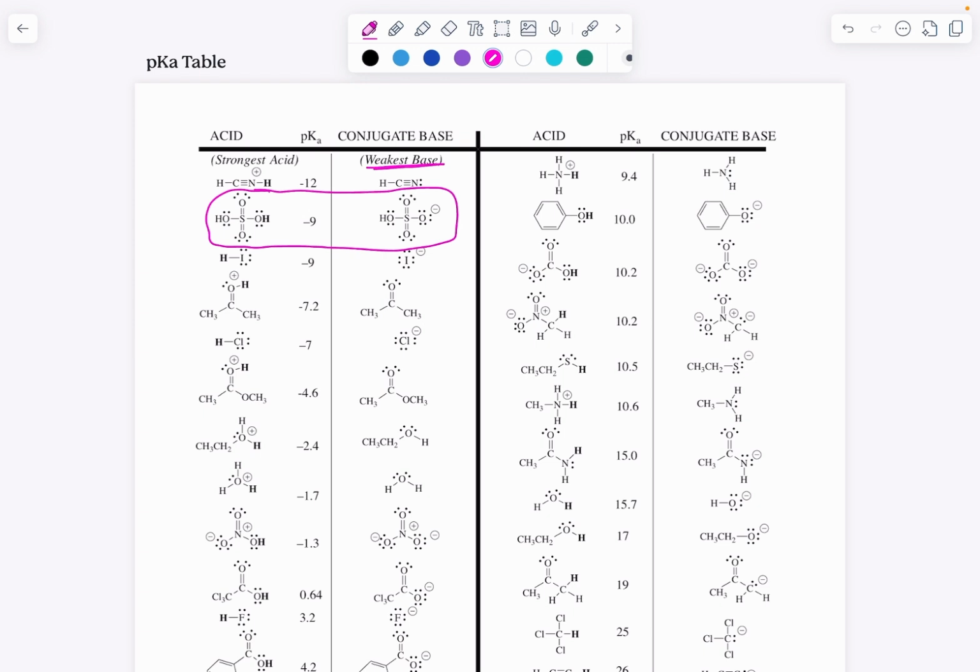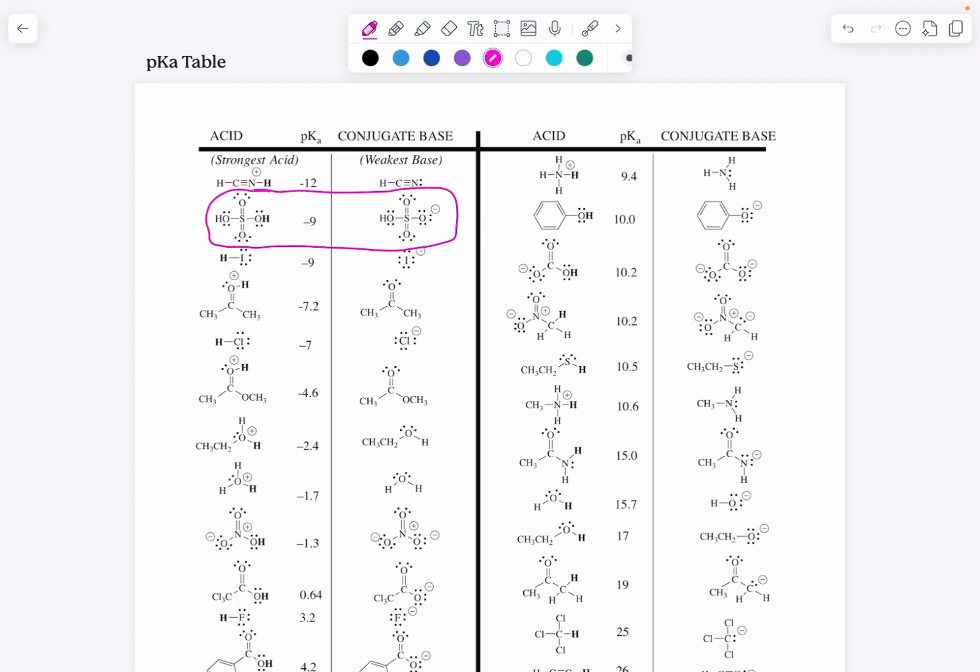Strong acids produce weak bases. Strong bases produce weak acids. That is one reason why sulfuric acid is a strong acid. Its base is very stable, so it's more willing to give away the hydrogen.